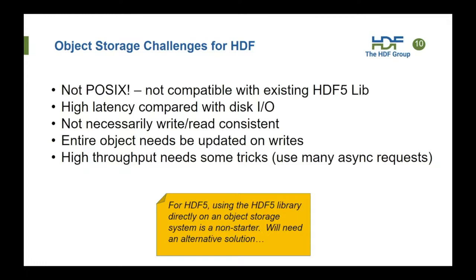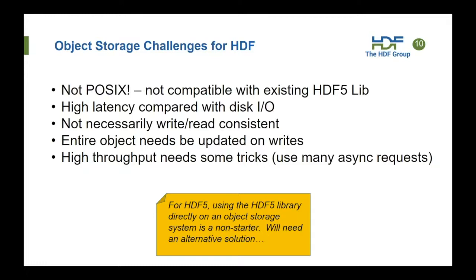Another challenge is it's not always read-write consistent, right? For example, with S3, if you write 42 to an object and then you come back and read it, you may get 42, or you may get the previous value that was stored there. Another challenge is that when you write an object, you have to write the entire object. You can't do partial updates like you do in a POSIX file.